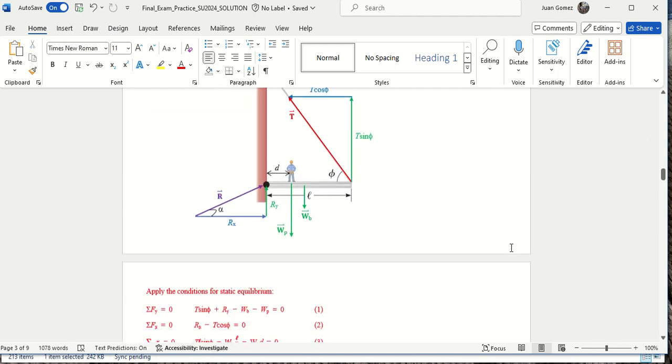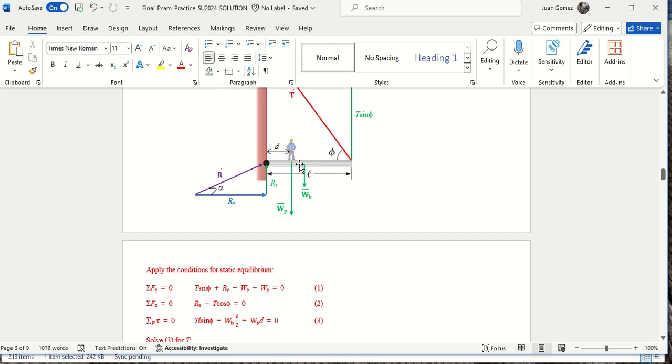Now let's look at the two weights. For WB, its lever arm is L over 2, half the length of the beam, because it acts at the center of mass, which is at the midpoint. The force is WB, the lever arm is L over 2, and the angle is 90 degrees, and the sine of 90 is 1.